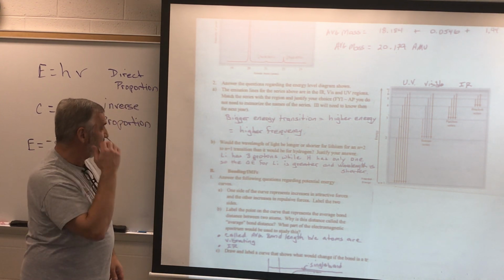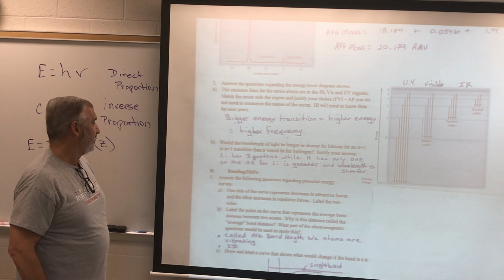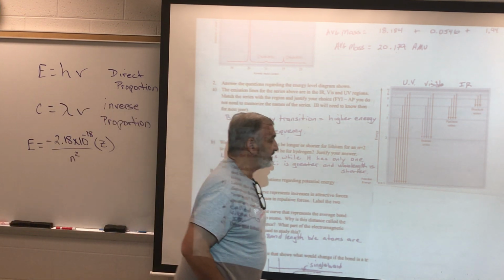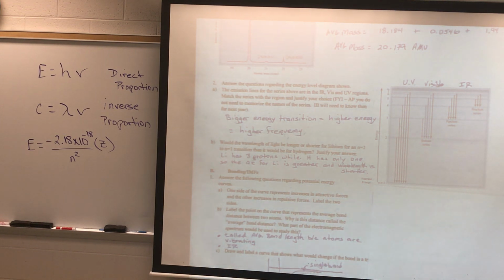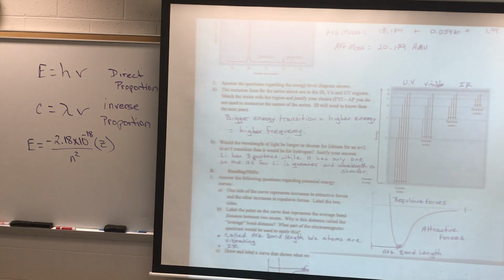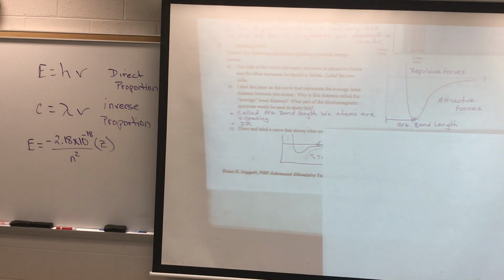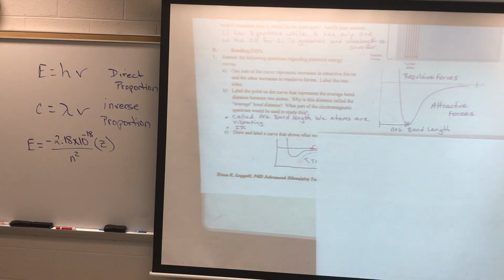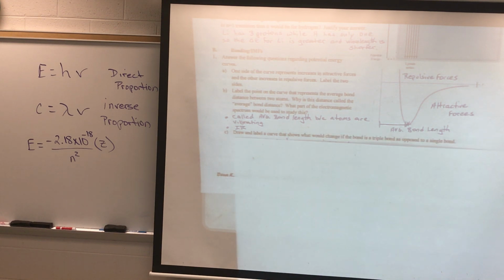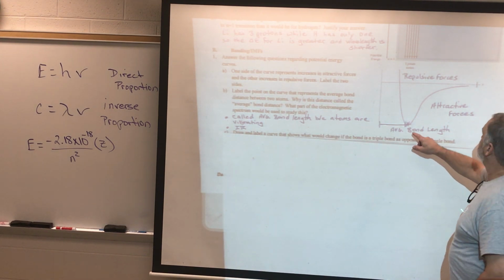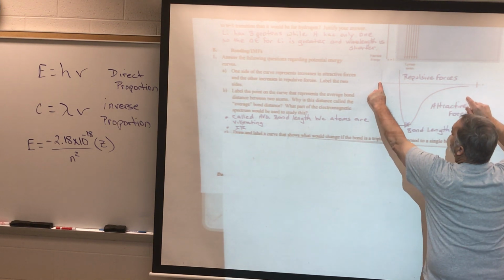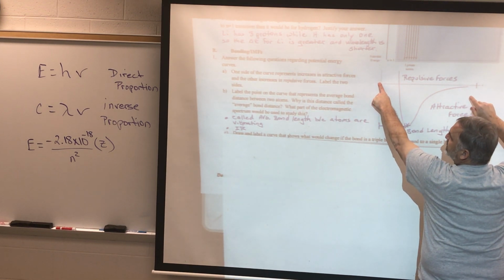All right. Now, IMFs. One side of the curve represents increased attractive forces and the other increasing repulsive forces. So if I look here, here's one atom, just any 2 atoms.